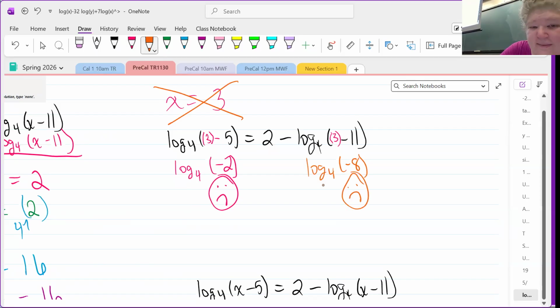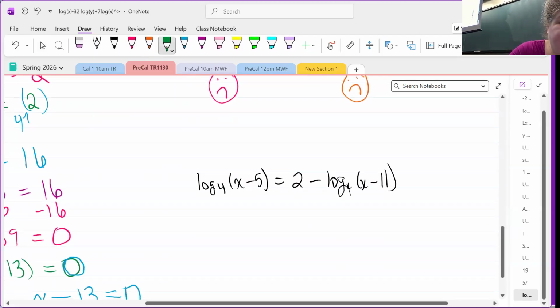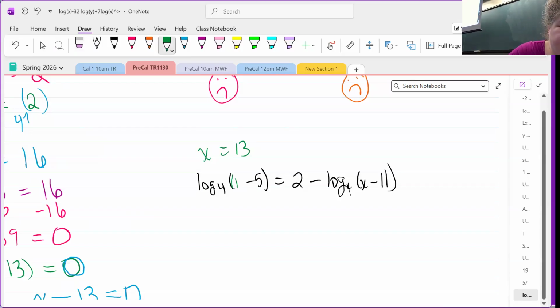So x equals 3 cannot be used. But when we come down here to check x equals 13, the 13 actually works. I get log base 4 of 8 equals 2 minus log base 4 of 2.